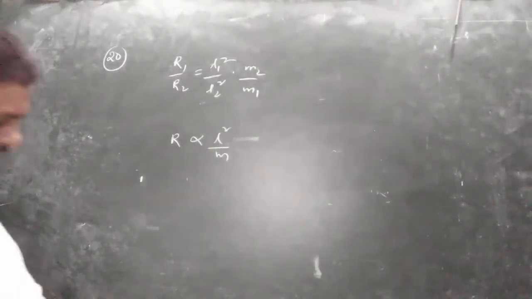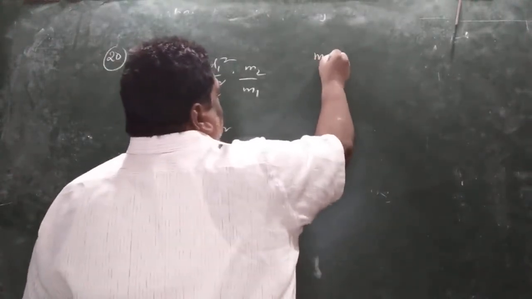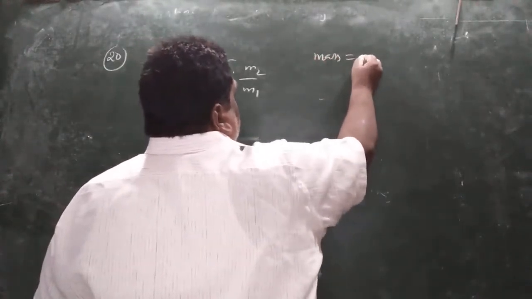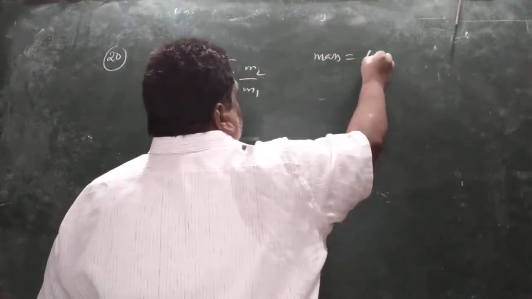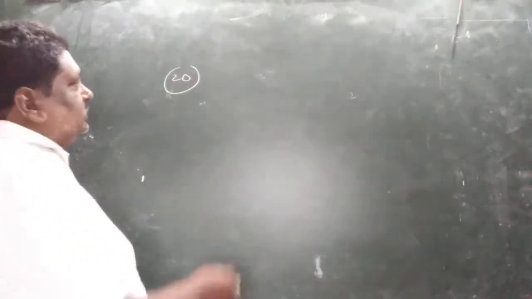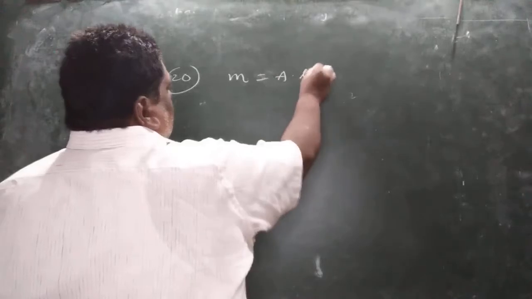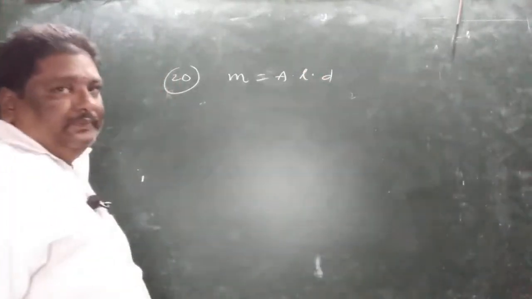Okay, so how it comes, I shall explain. What is the mass? Mass is equal to length into cross section. Right. In this 20th question, the masses of the 3 wires are 1:2:3 and the lengths are in the ratio 3:2:1; find the ratio of the resistances. Mass means cross section area into length into density.